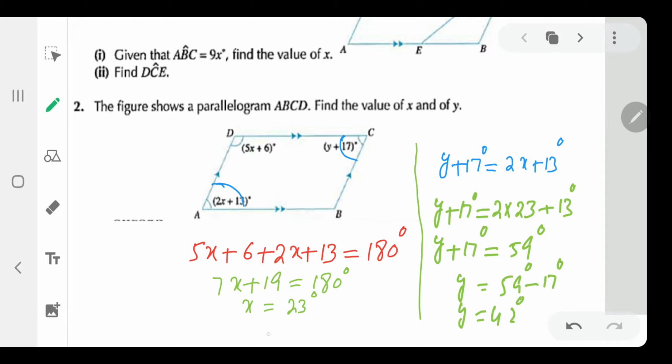So we have calculated the value of x, which is 23, and the value of y, which is 42 in this question.